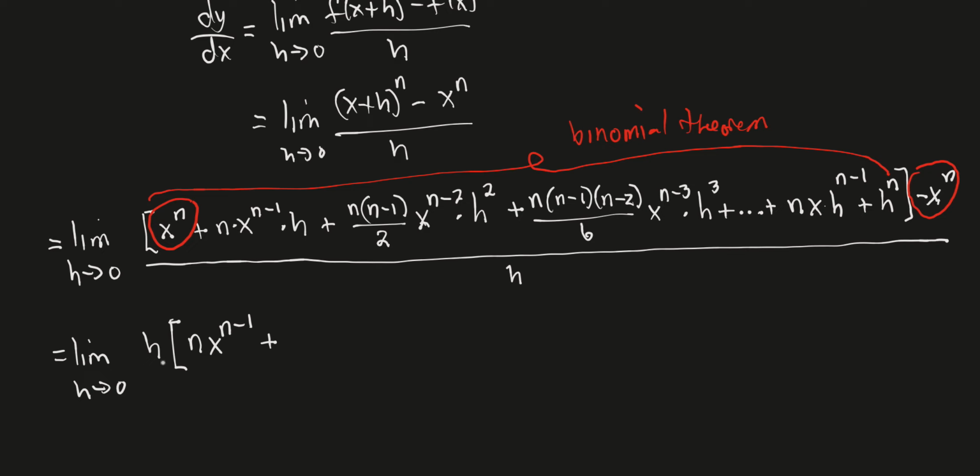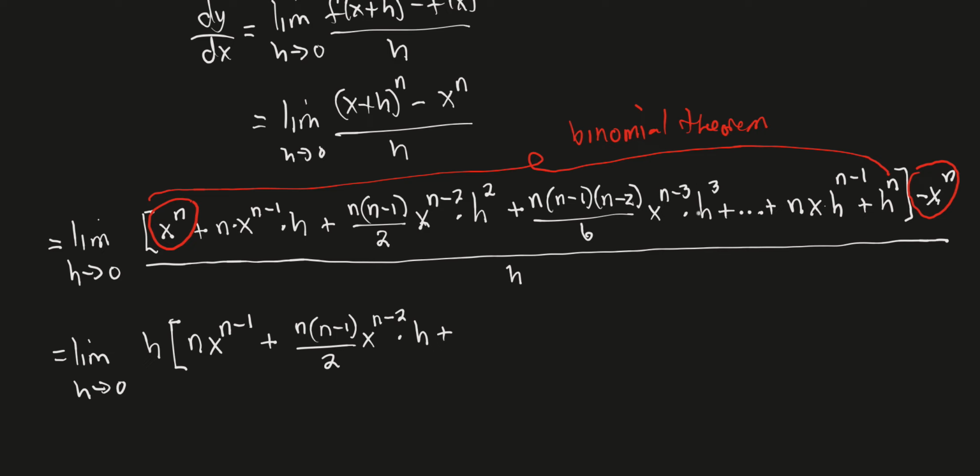I'm going to factor out 1 h, so that means I have to subtract 1 from this exponent. So then I have n times n minus 1 over 2 times x to the n minus 2 times h. When I take an h out of this term, again, I have to subtract 1 from that exponent.